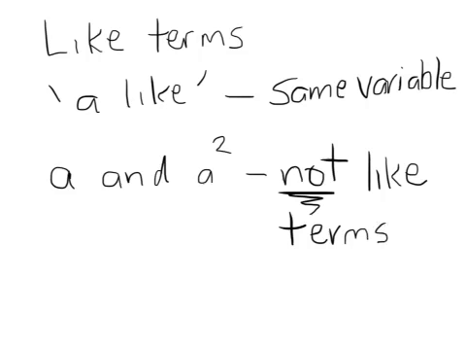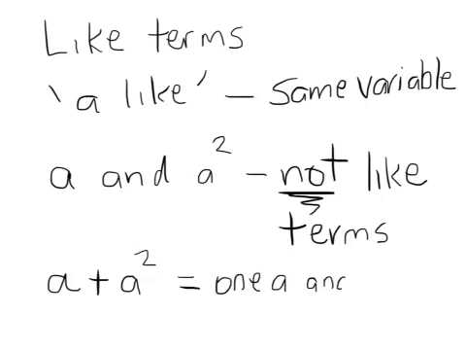Because if I wanted to collect like terms, that means add them together. This is saying I have 1a and 1a squared. That's what I have. So I can't simplify them. I can't get them together because they're different to each other. So like terms have to have the same variable.